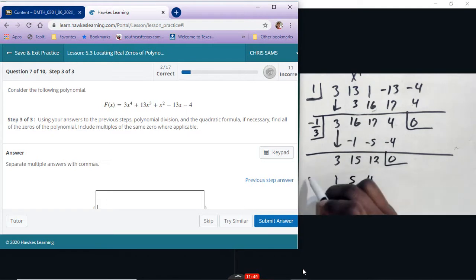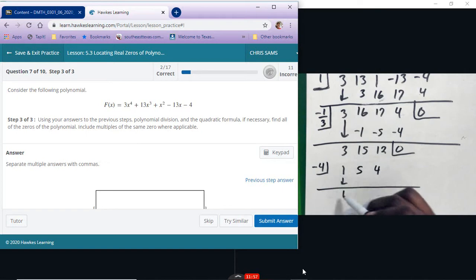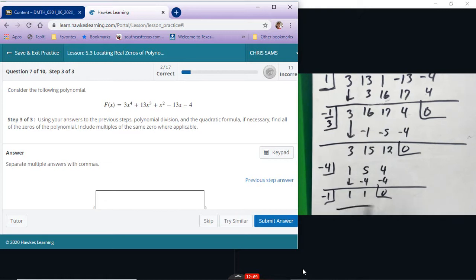Alright, now we're going to try negative 4 and negative 1. Those are the other numbers we saw. Okay. Bring down the 1, and we get negative 4, 1, negative 4, and 0. Alright, and then we saw negative 1 was the last one. So notice how you're getting a remainder of 0 that lets you know that it's a 0. 1 times negative 1, and we get 0.